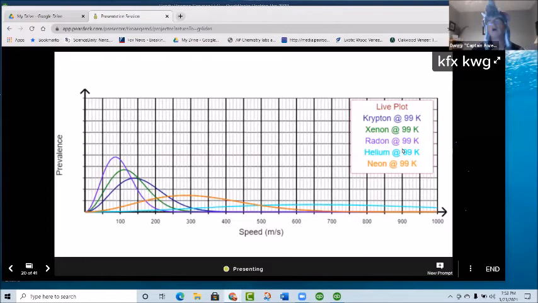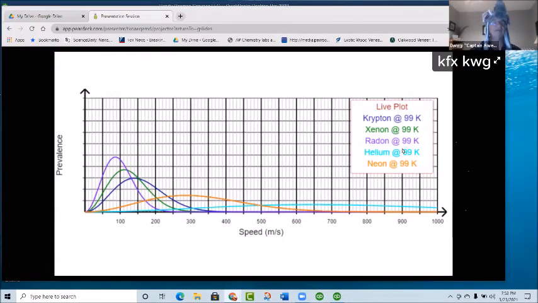What happens if all the gases are at the same temperature? Well, the heavier a gas is, the greater its molar mass, the slower it's going to be moving, because they have the same kinetic energy. Kinetic energy is a function of speed and mass, so if you have a greater mass, you go at a slower speed.